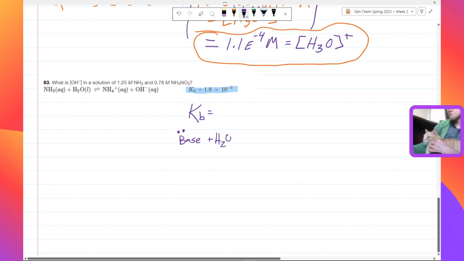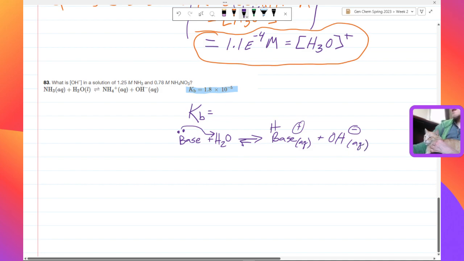And so there's some water, and that base says, hello, water, can I have one of your protons? And so that happens. There's some sort of back and forth equilibrium going on. You get your base with the proton on it. This is aqueous, by the way. You get your OH minus from when the water lost its proton.